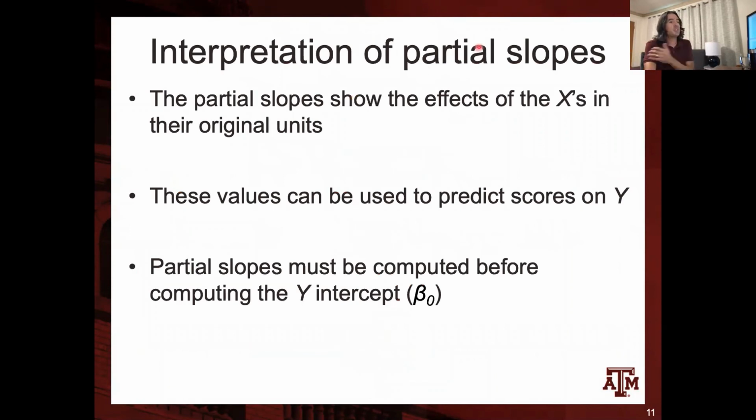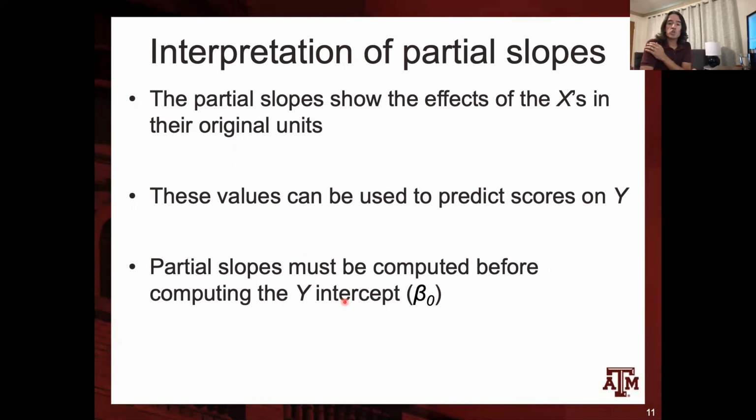So the interpretation of partial slopes: the partial slope shows the effects of the independent variables in their original units. These values can be used to predict the scores on Y. Partial slopes must be computed before computing the y-intercept.